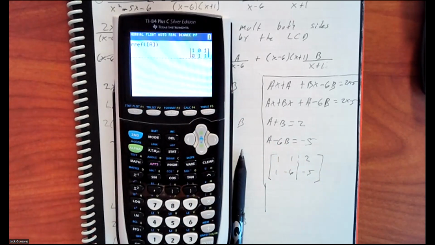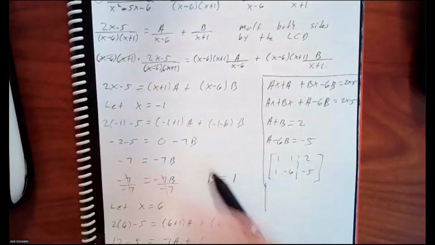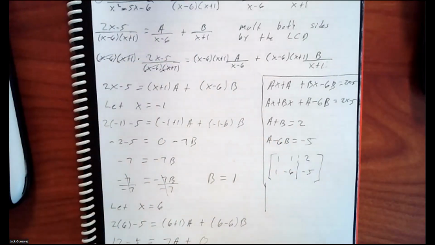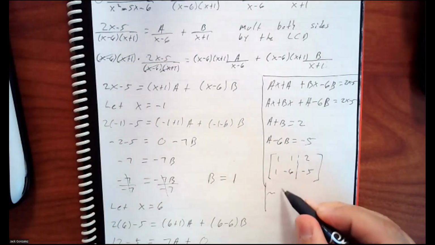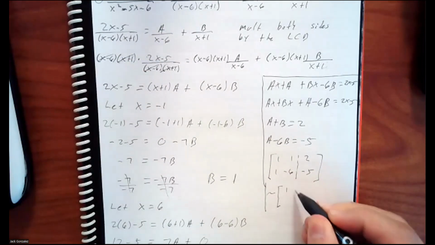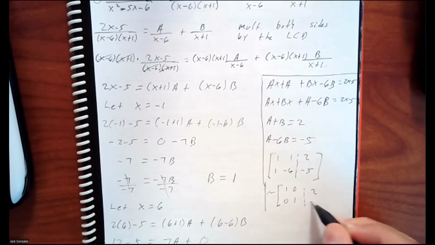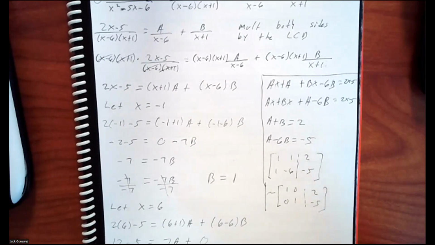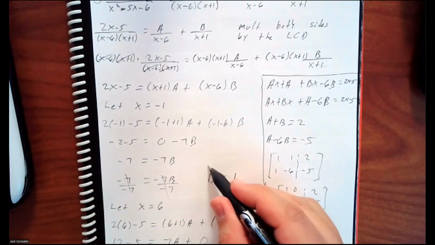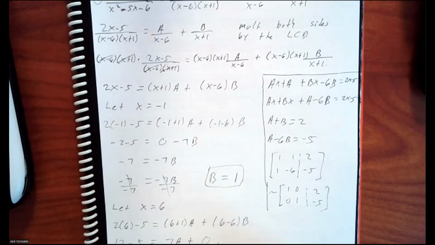All right. Anyway. This reduces to 1, 0, 0, 1. There. Which gives me this piece and this piece.